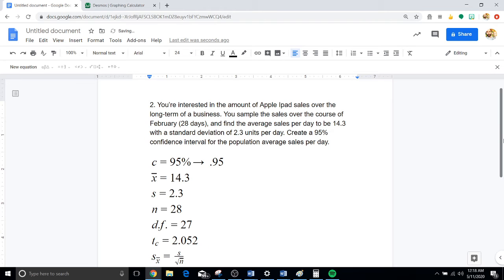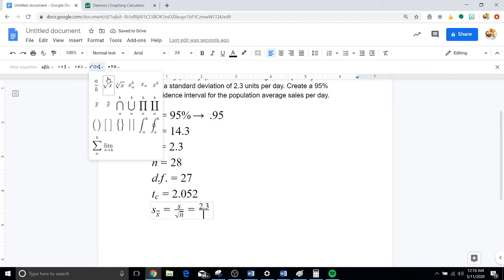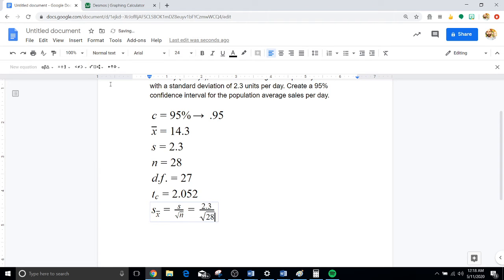There we go. All right, now remember, standard deviation over square root n, well, we have both of those, so we can go ahead and set that up right now, which is going to be standard deviation 2.3 divided by the square root of n. Square root of n is square root of 28. And we can find that pretty easily.